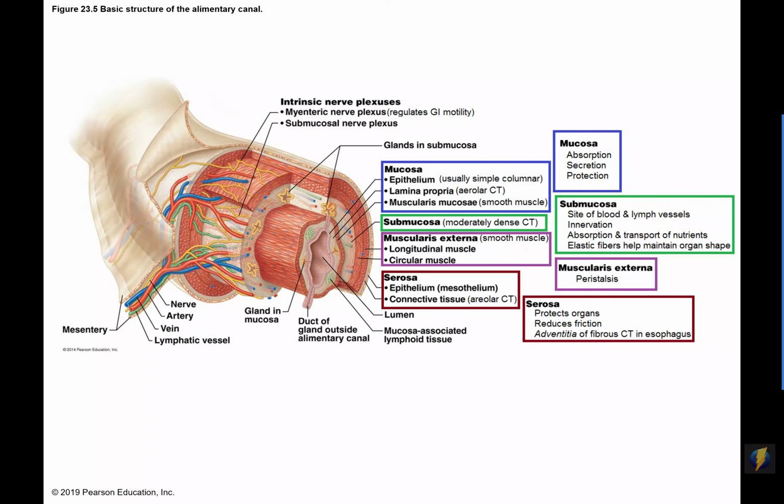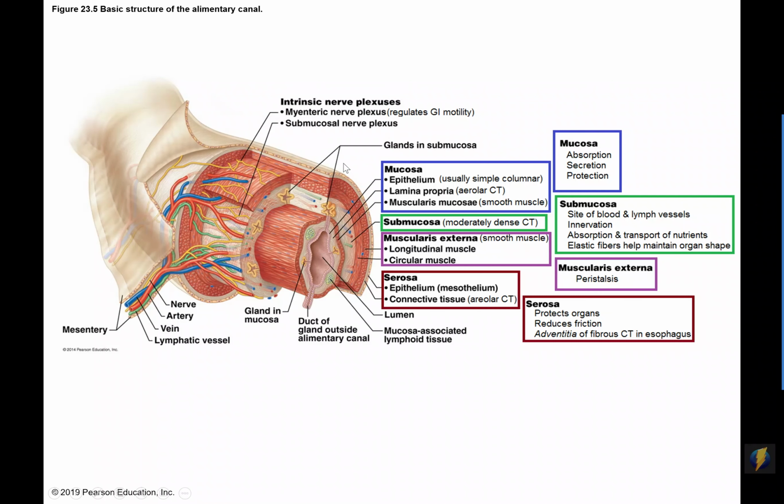This is primarily where all of those segmentation and peristalsis movements are taking place, by the contraction and relaxation of the smooth muscle in the muscularis externa. So all of what we call the motility, meaning the movement and mixing of the GI tract, is due to the nerve plexus, the nerve network here in the smooth muscle layers.